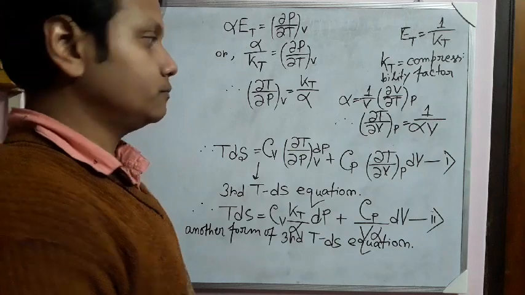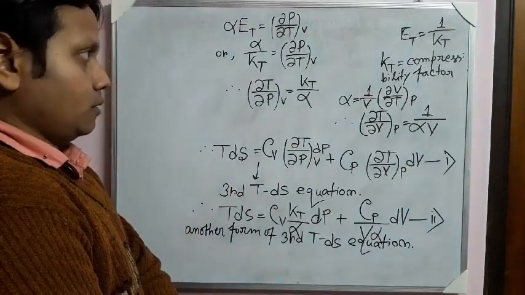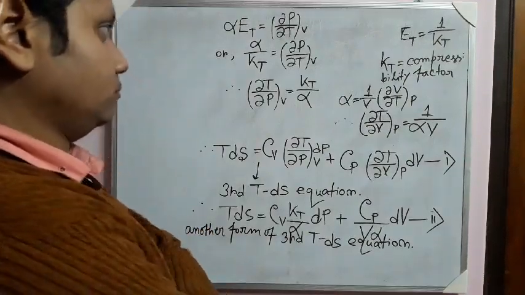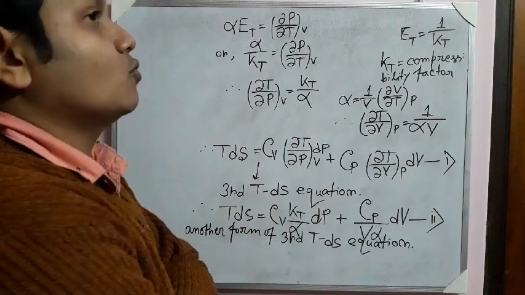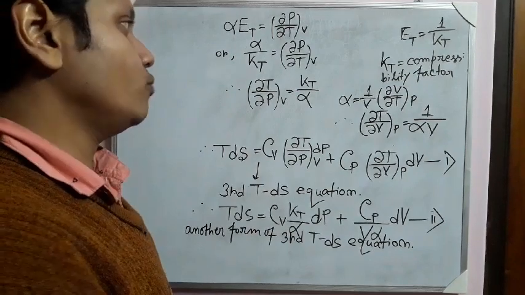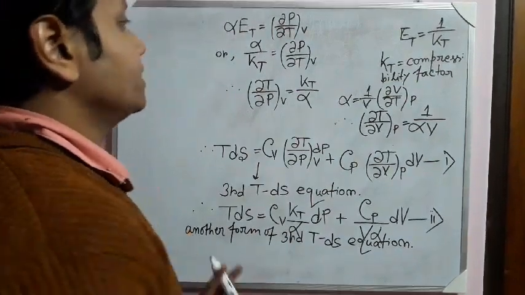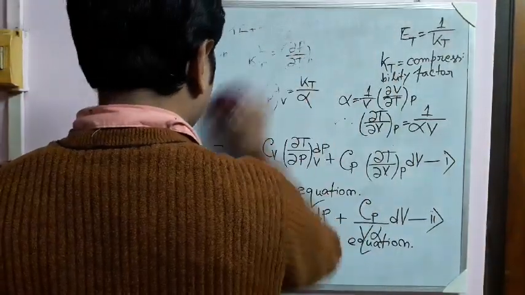So dear guys, in today's lecture I derived three TdS equations. While deriving the first TdS equation, we assume entropy as a function of volume and temperature. While deriving the second, we assume entropy as a function of pressure and temperature.